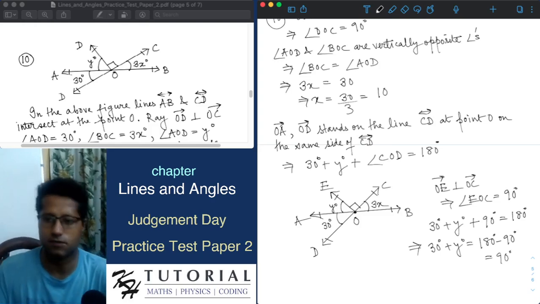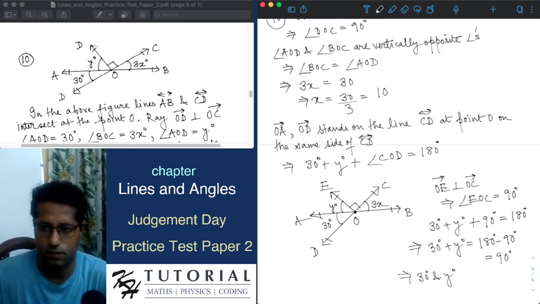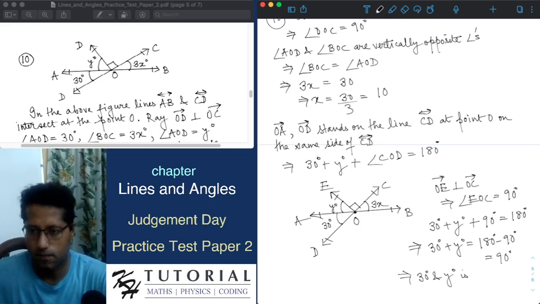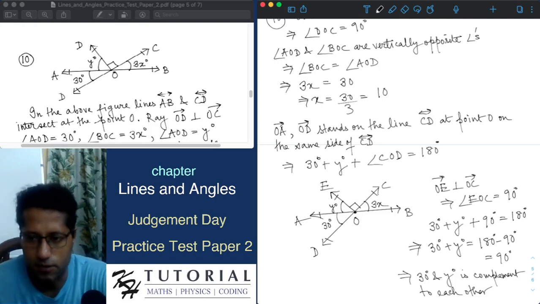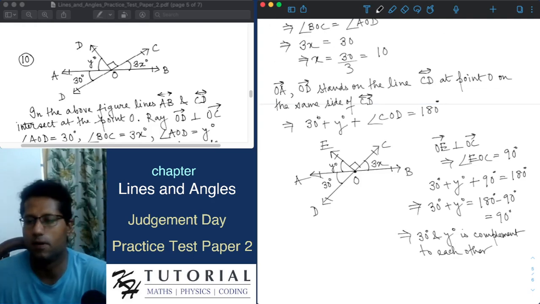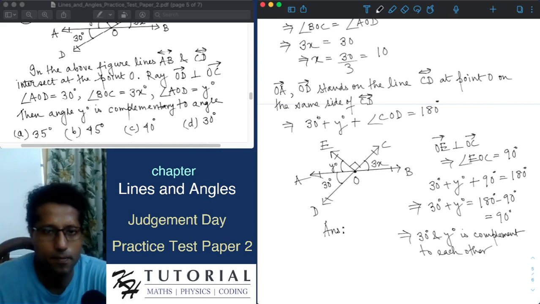Now if 30 degree plus y degree is equal to 90 degree, this implies that 30 degree and y degree, whatever that y is, are complementary to each other. So definitely angle 30 degree is the complementary angle to y. So therefore the correct choice is D.